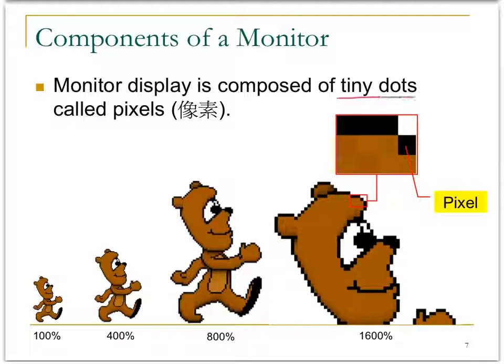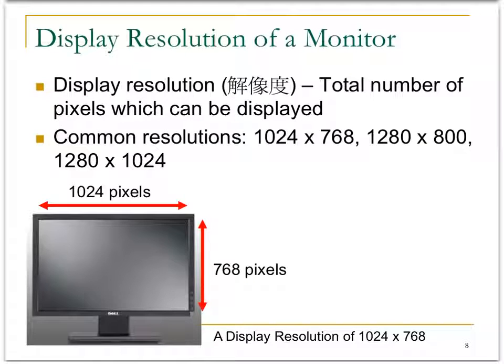And if we magnify the display of a computer screen, we can actually see that there are tiny dots. There are tiny dots which compose the computer screen, which we call pixels. 像素. For example, if we enlarge this picture, we can see that these small squares, they are called pixels. They are the basic components of a computer monitor. And therefore the display resolution of a monitor, they are all measured in pixels.